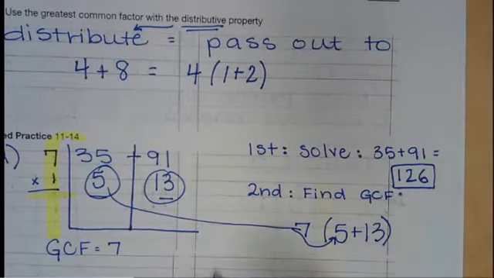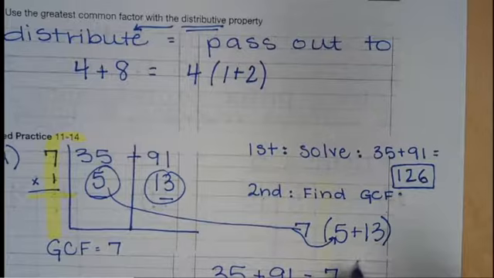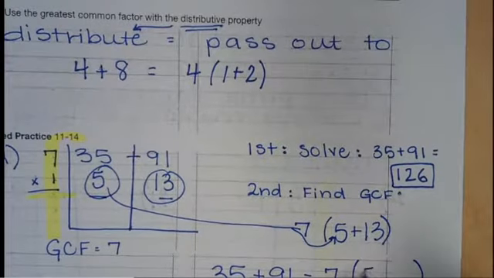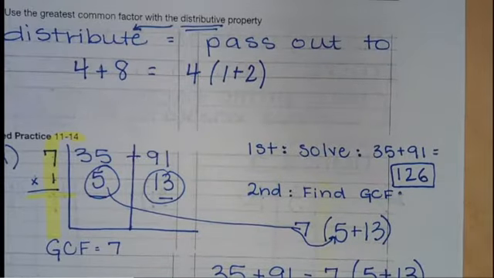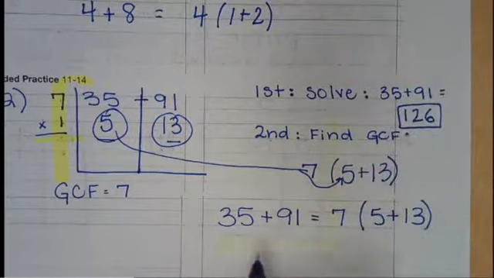So the 2 sides of my equation would be 35 plus 91 is equal to 7 times, that's what parentheses mean, 5 plus 13. So we remember that 35 plus 91, we solved up here, was equal to 126.